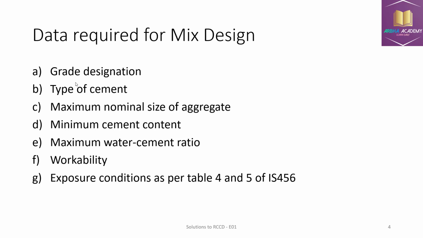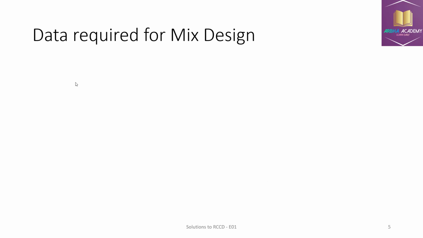So that's what the exposure content is majorly about. And the more the exposure, the more we may need to give the minimum content of cement, and vice versa, right?